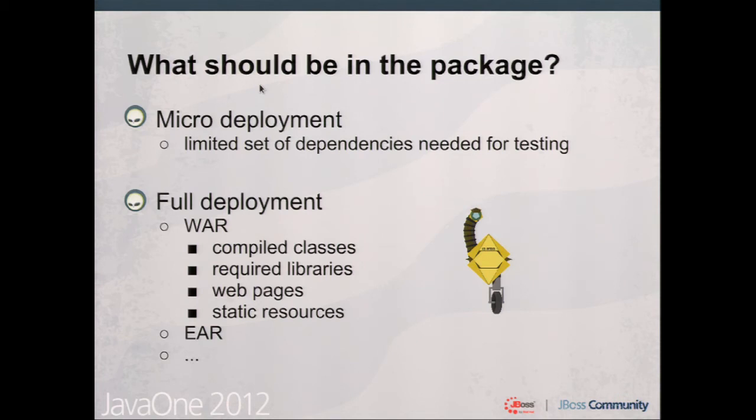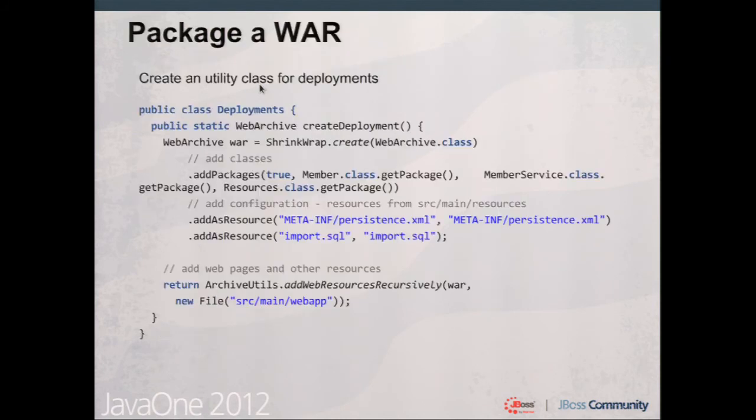Say that you are testing some EJB implementation, you include only those classes which are implementing that EJB, and you test it inside of a container. If you are testing a web application, you basically want to package the whole application so you can deploy it on your application server, and it gets all the resources like HTML5, JavaScript, images, and so on.